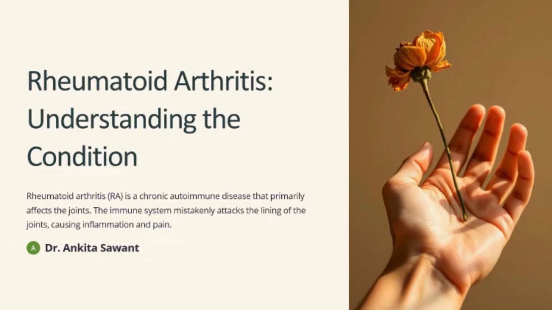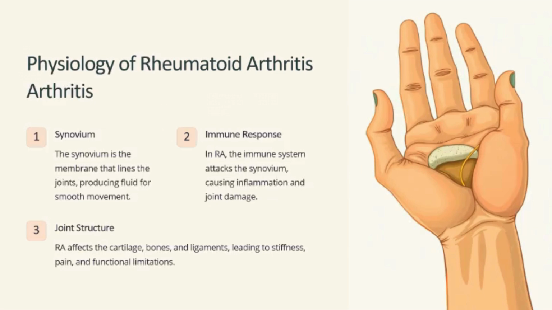Rheumatoid arthritis is a chronic autoimmune disease that primarily affects the joints. The immune system mistakenly attacks the lining of the joints, causing inflammation and pain. So, to start off, what exactly is rheumatoid arthritis?